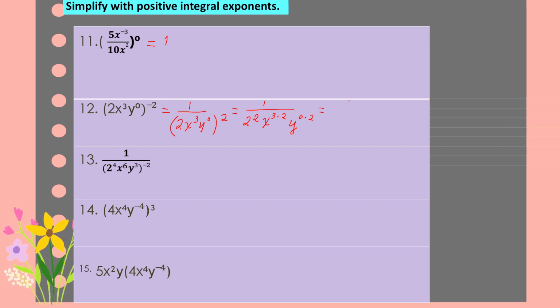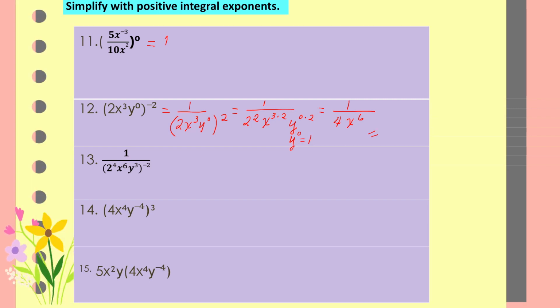So, you will have 1 all over 2 squared is 4, and then x 3 times 2 is 6, and y 0 times 2 is 0. So, you will have y raised to 0, and y raised to 0 is 1. So, the final answer is 1 over 4x to the 6th power.